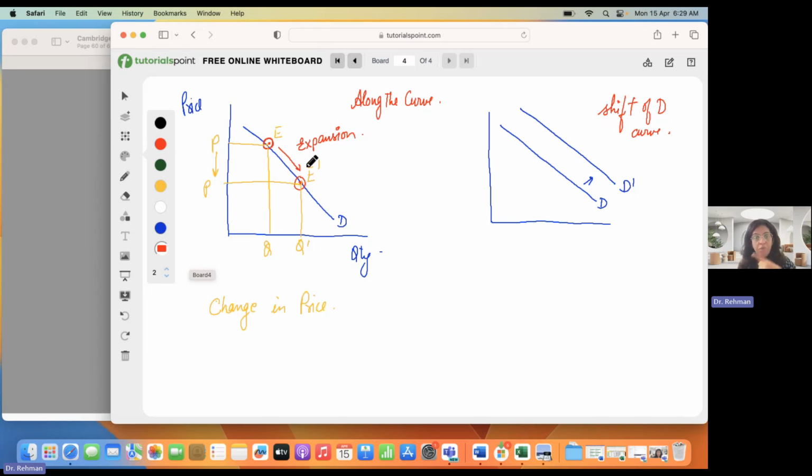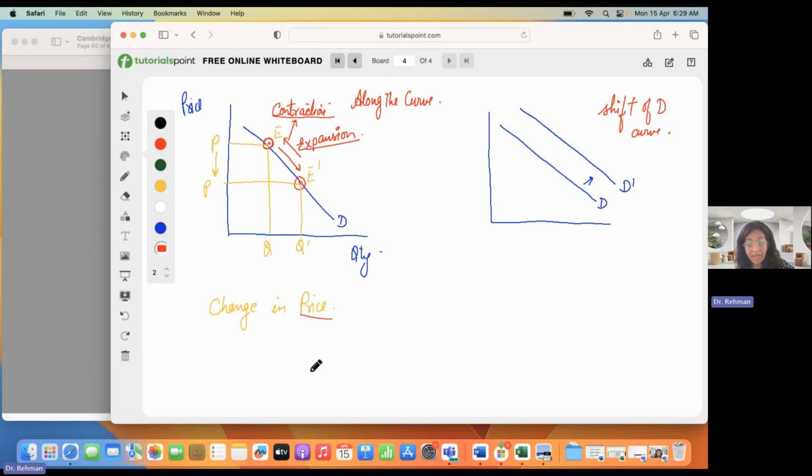On the other hand, if the movement were in the opposite direction, had it been E dash to E instead of E to E dash, it will be called contraction of demand. Now, if somebody quickly asks you what expansion and contraction of demand are, you have to start your answer with price.